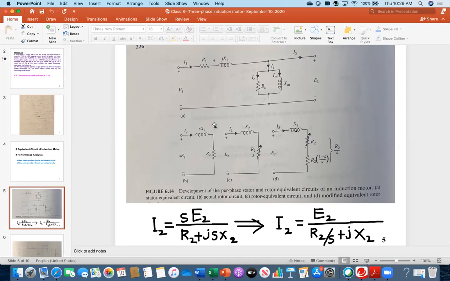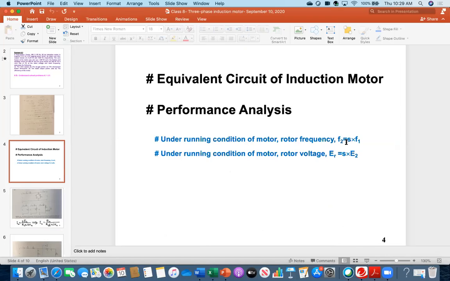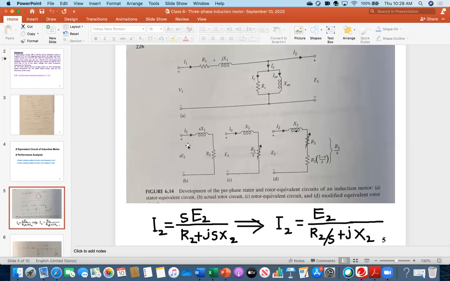But once the motor is running, frequency will change. See the conclusion. Under running condition of motor, rotor frequency f2 is s multiplied by f1. So therefore, when it is reactance X, X means 2 pi fL, so that f is getting changed, s multiplied by f. That's why you are looking at the s here. And then this is resistance.